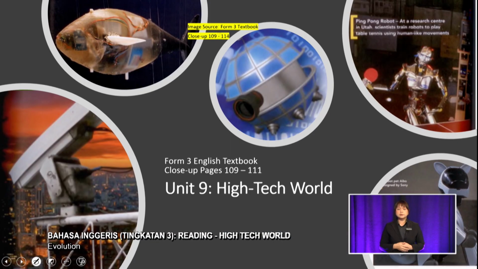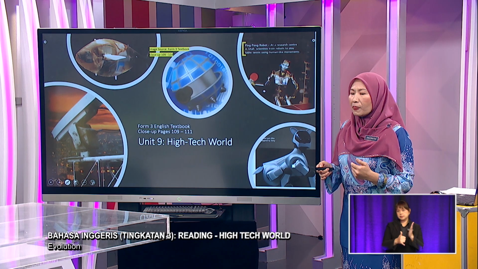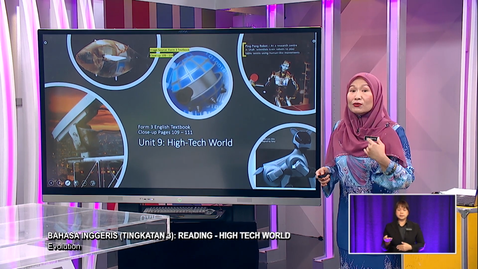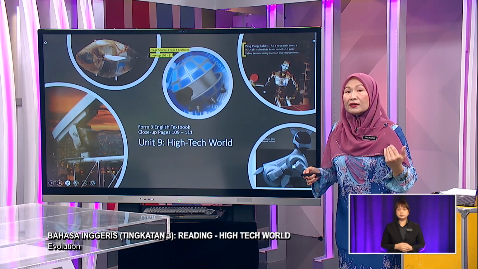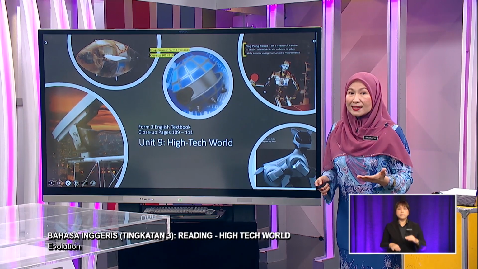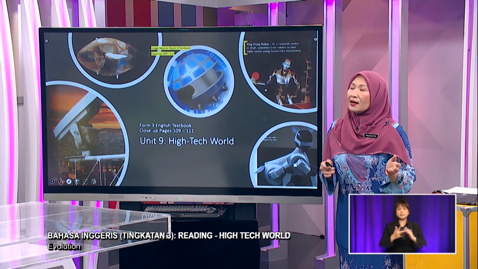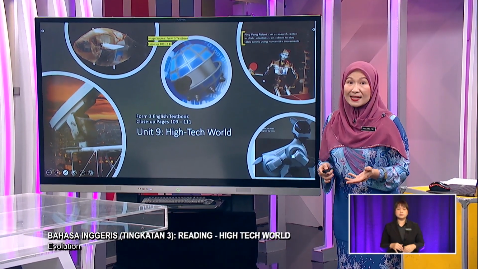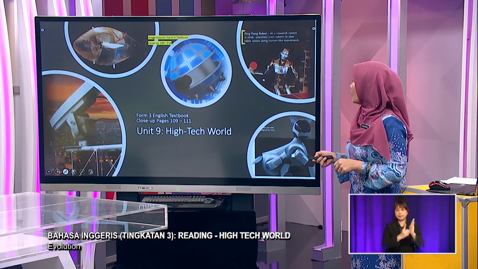And we also have that very cute robot pet Aibo, designed by Sony. These are all things that are animated and real, based on what's natural around us. And there are reasons why these high-tech gadgets are designed. Okay, all right. So let's move on.